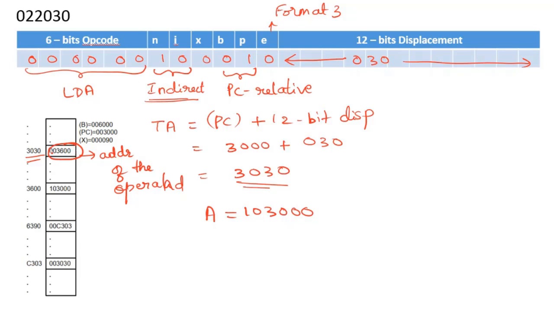So now again this should be treated as an address. Go to that address, fetch the data from there. This is the data that we are going to require. This is the data operated on by this instruction. What is the instruction? Load accumulator. Load the accumulator with the value at the address 3600. One more example.